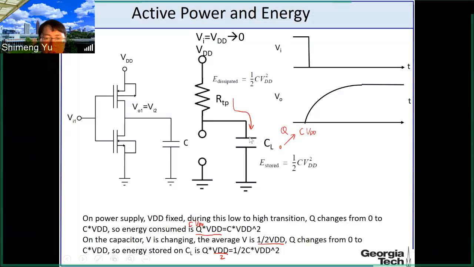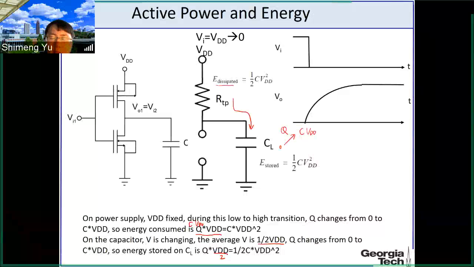But if you look at the difference, the power supply provides C VDD squared, but only half of that is stored on the capacitor. Then the question is, where is the other half of the energy? You will see that the other half is here.